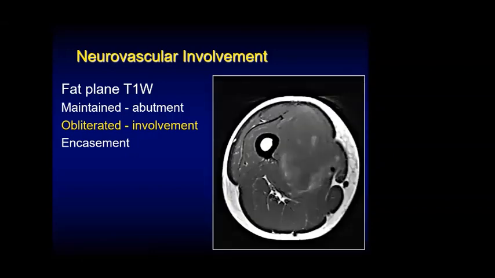Here we have another example of a large soft tissue sarcoma with a loss of the fat plane between the tumor and the neurovascular structure. Again, this is very challenging for the surgeon to remove the tumor without removing the artery with it.